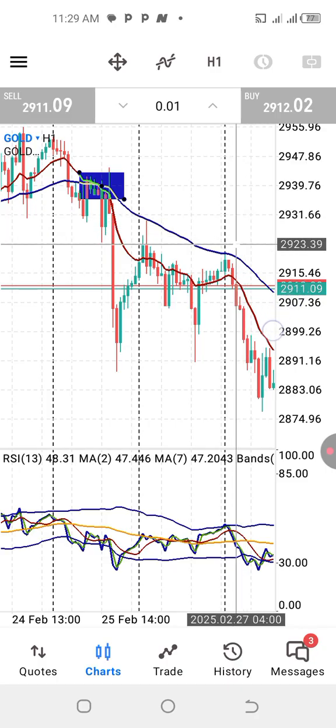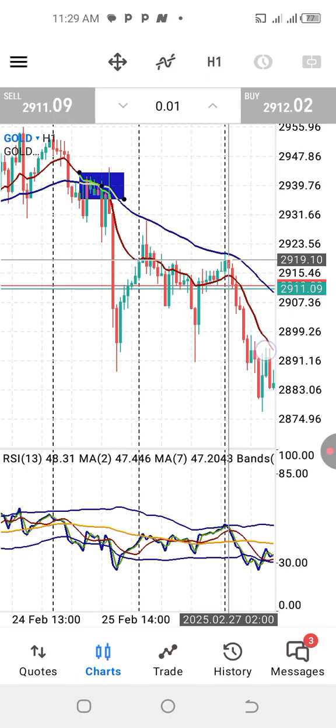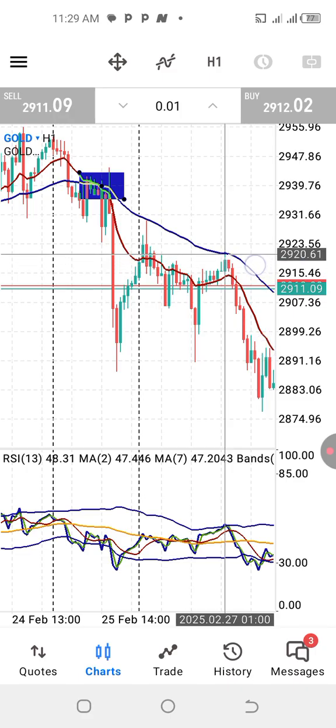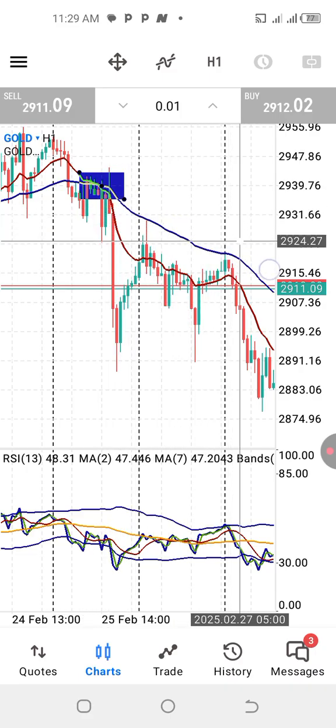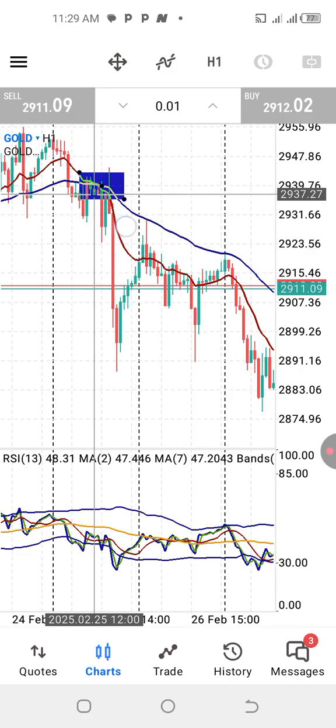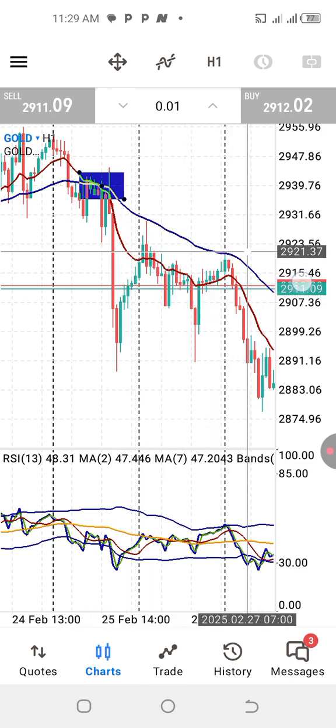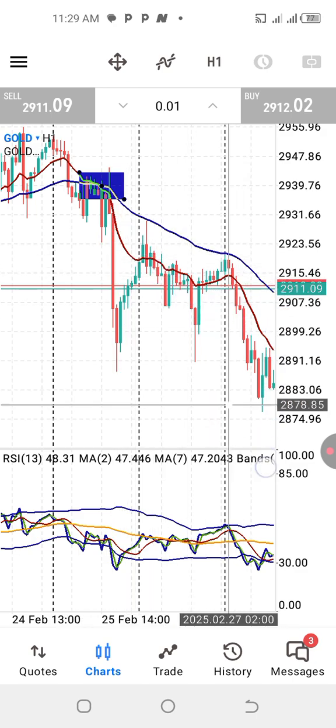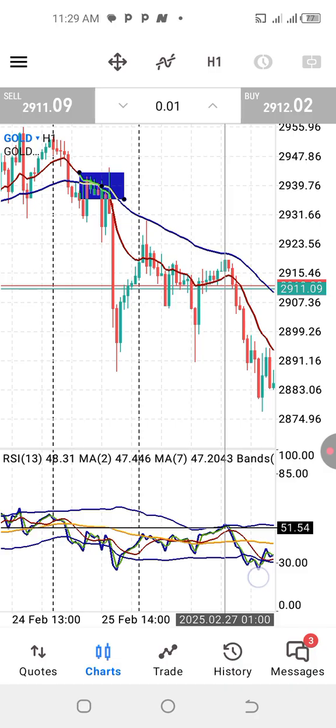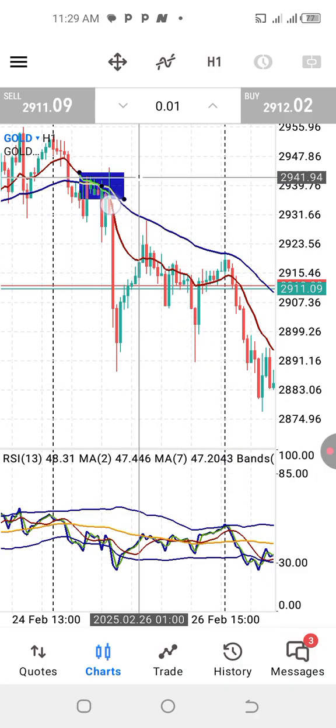All right, look. So my entry was right here. Provided the market is below the blue line after the crossover of the red line. Are you seeing? So this was my entry. So the first confirmation is a crossover.